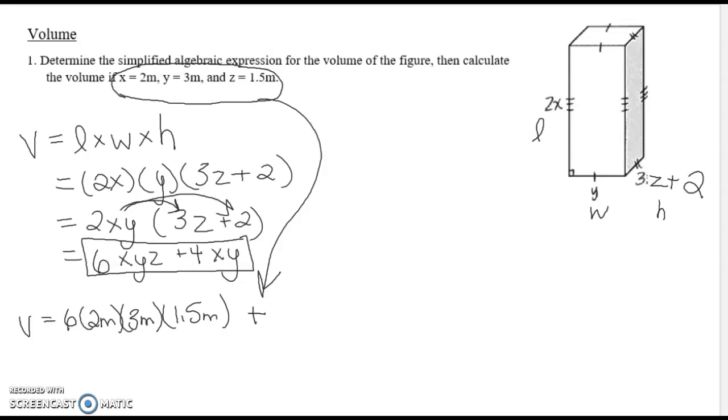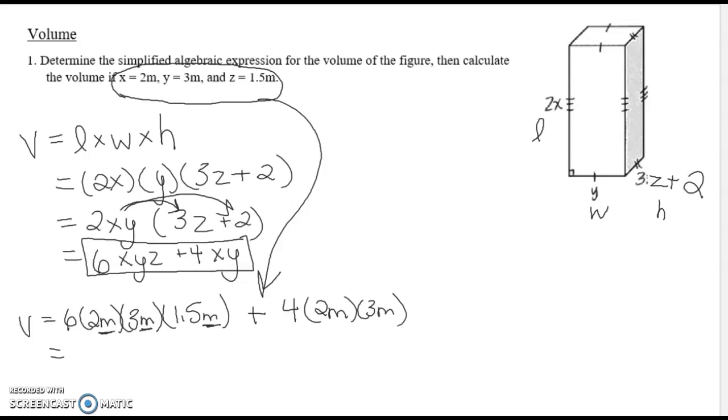And then plus 4. Our x is 2m and our y is 3m. Oh, silly me. You don't really have to put these m's in. This just represents meters.